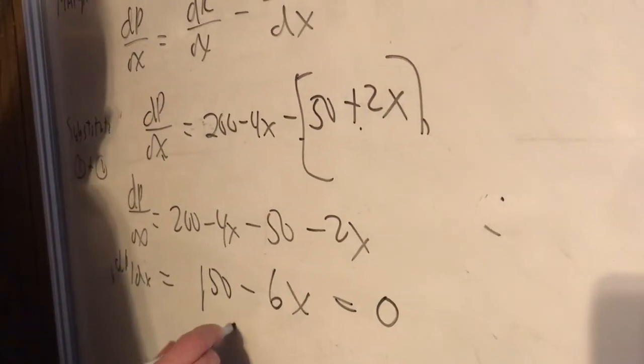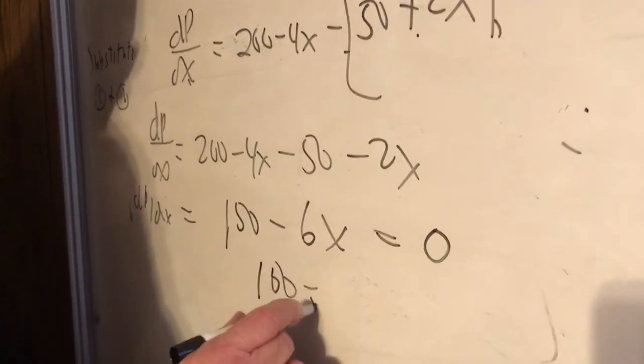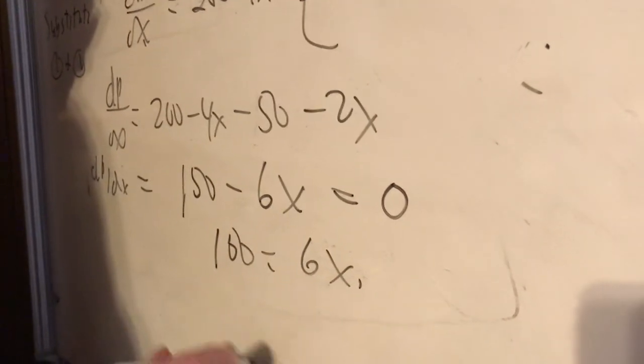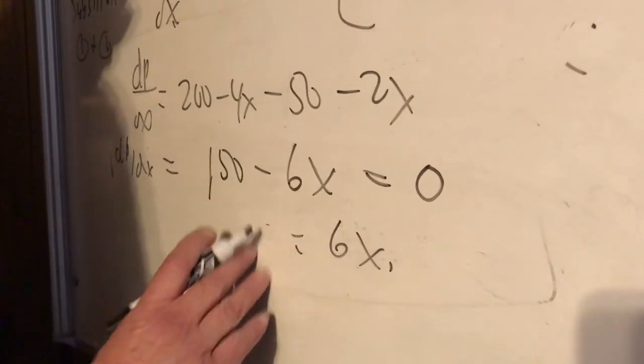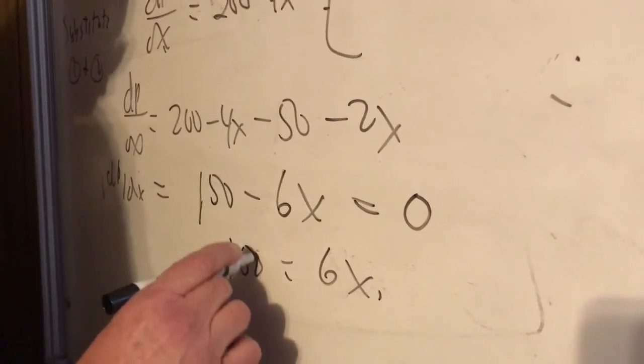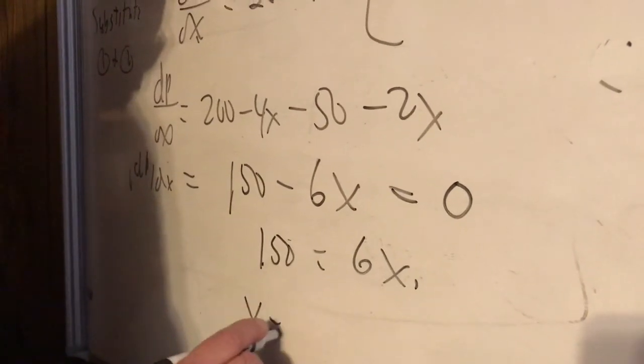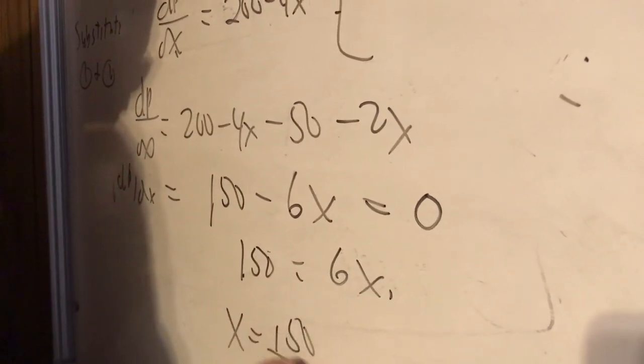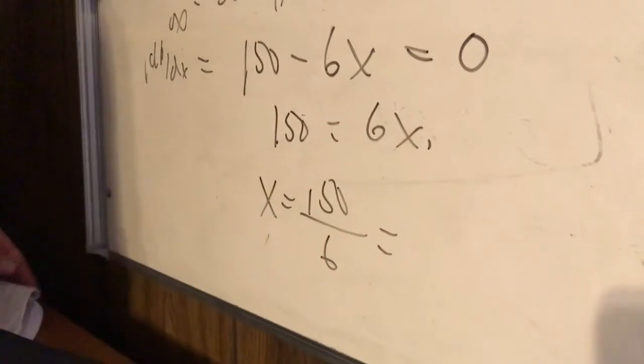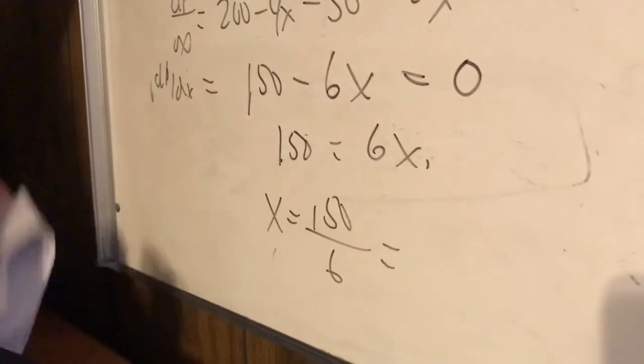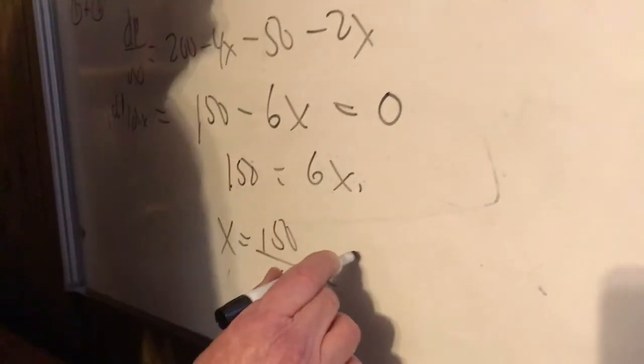So 150 equals 6x. As I get lower here, my writing starts to shake. x is 150 over 6, which comes out to be 25.